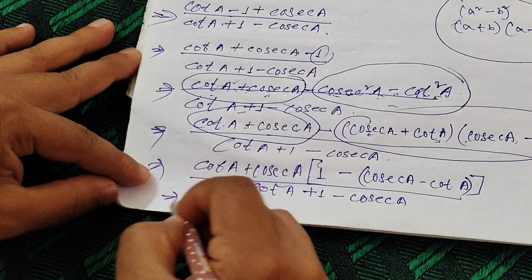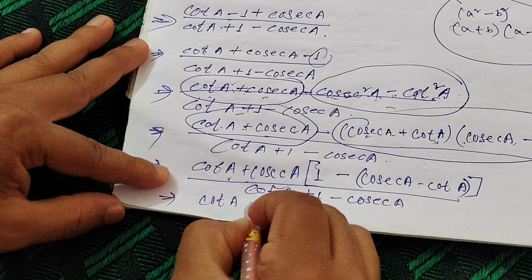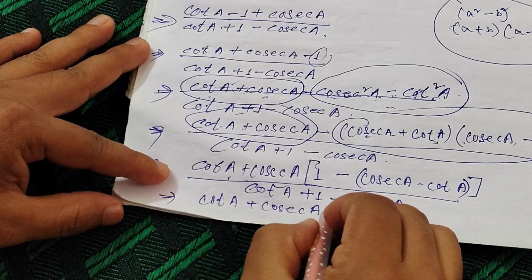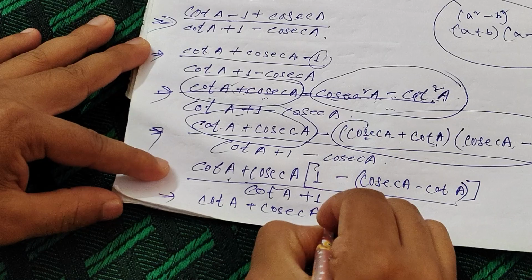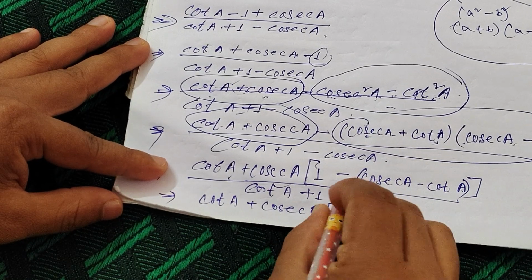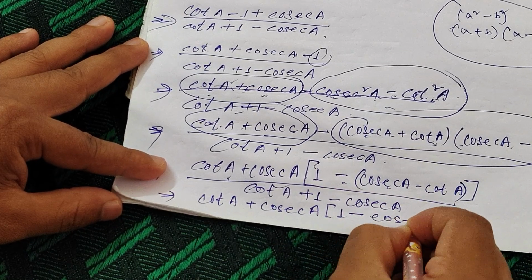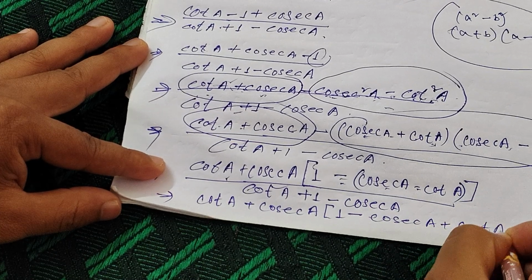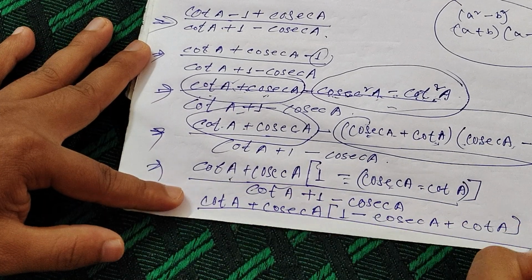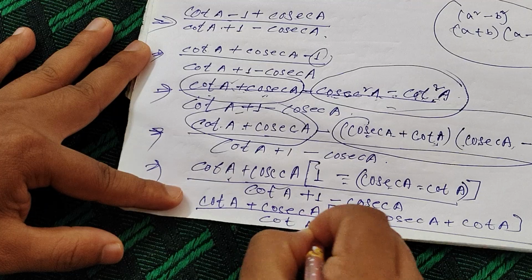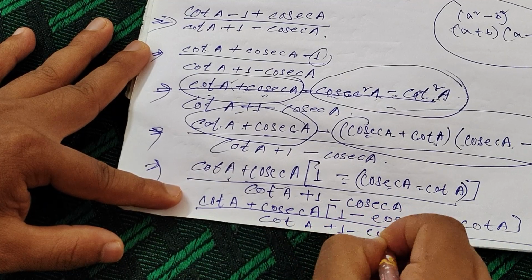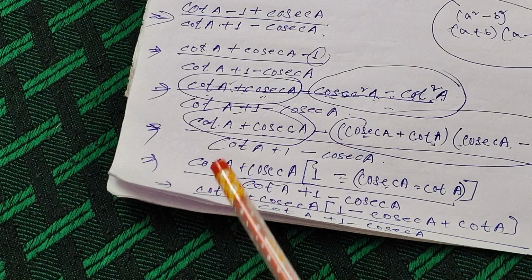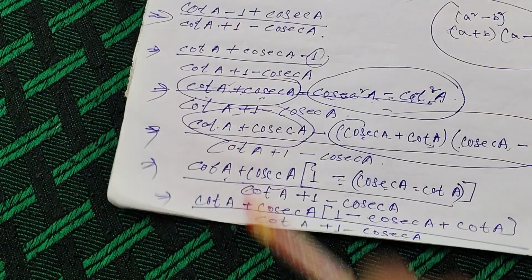Now cot A plus cosec A, into 1 minus cosec A plus cot A. In the downside, same as it is: cot A plus 1 minus cosec A. It is good that the denominator part is the same from the first only.